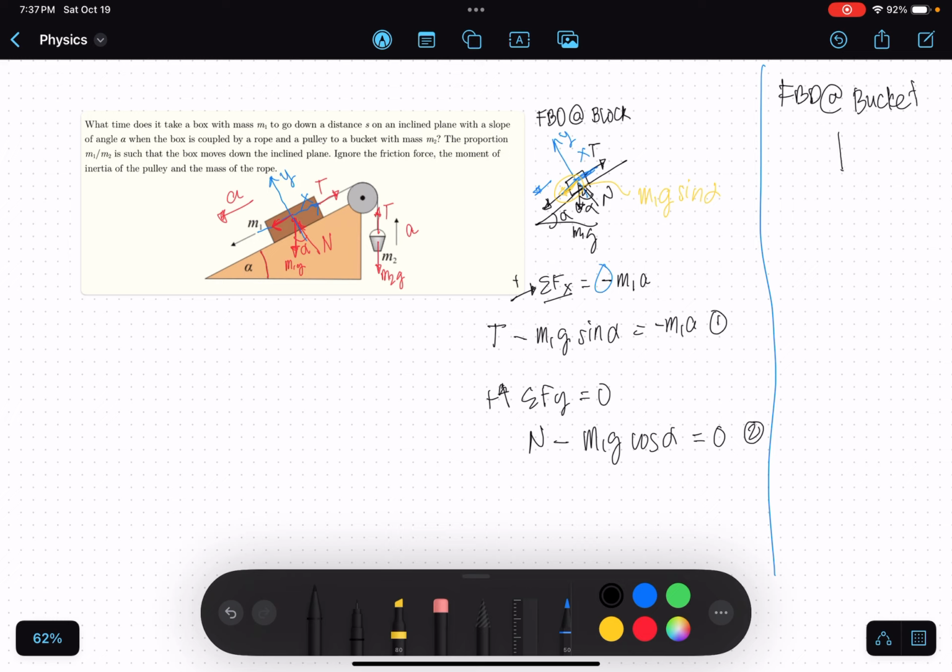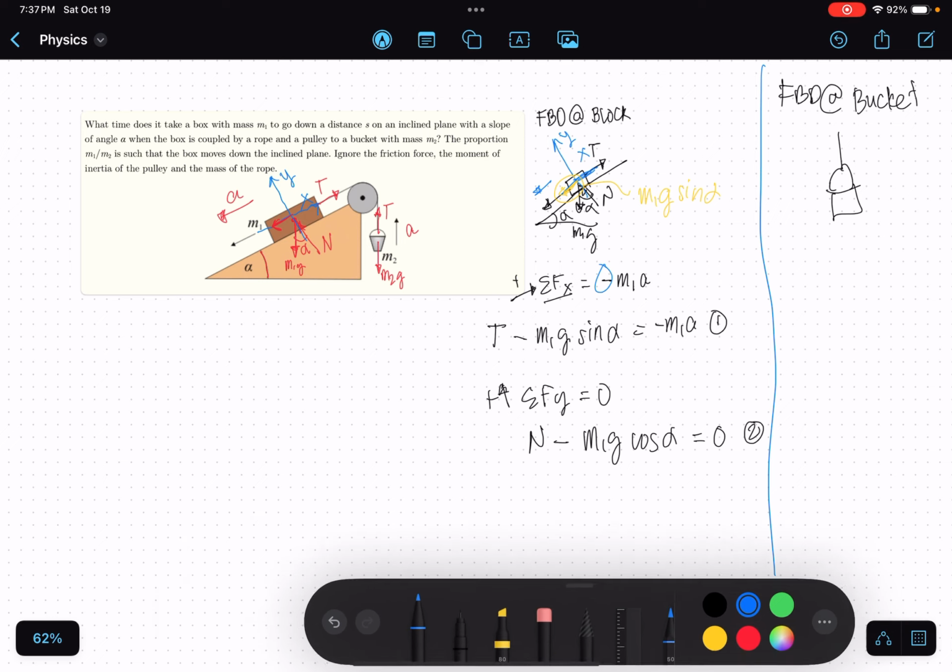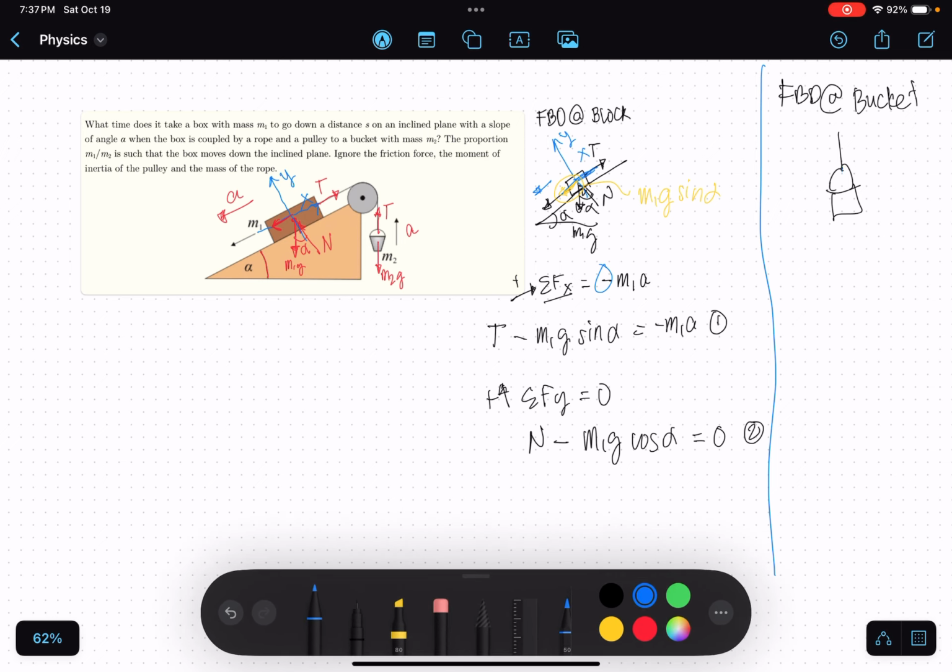So ito yung bucket natin, di ba? So you have the FBD, you have the tension T, then you have M2G. And then huwag kalimutan na ang A is going up. So wala tayong component along X, consider na component along Y, summation force along Y, that is M2A, that is M2 already.